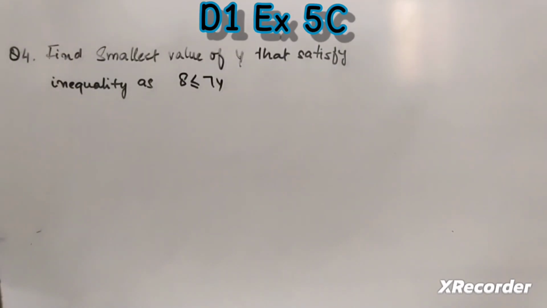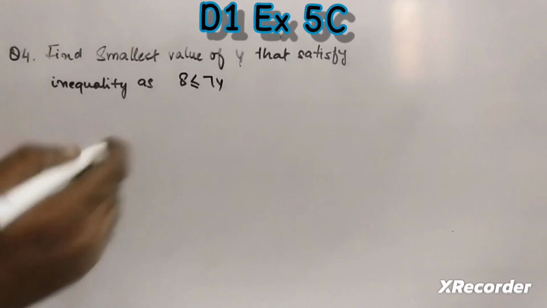Now question number 4. Find the smallest value of y that satisfies the inequality 8 is lesser than or equal to 7y. Let's start.